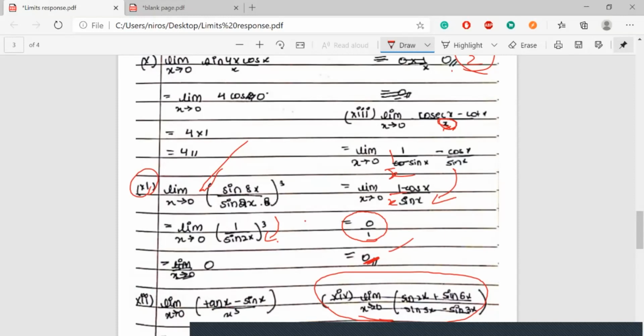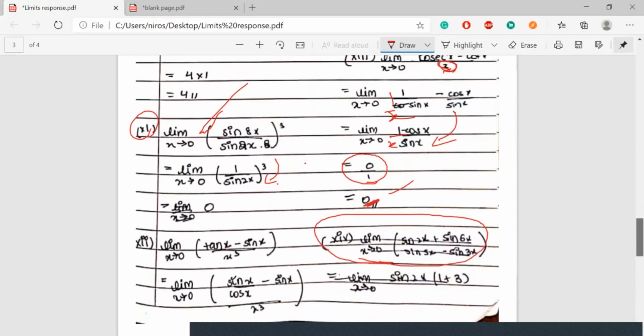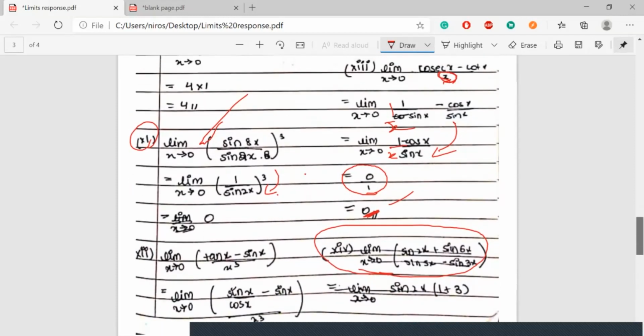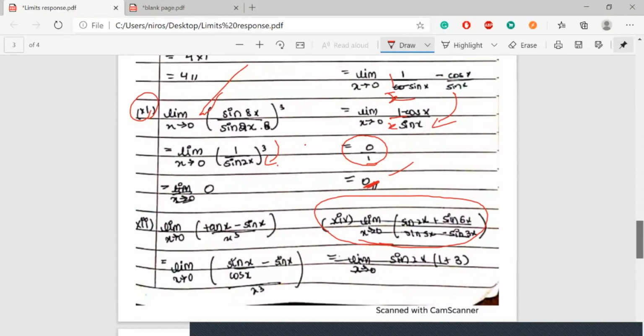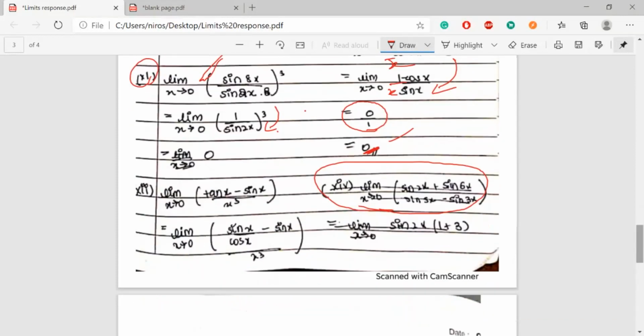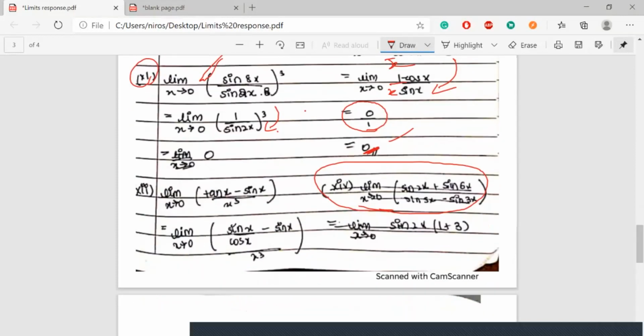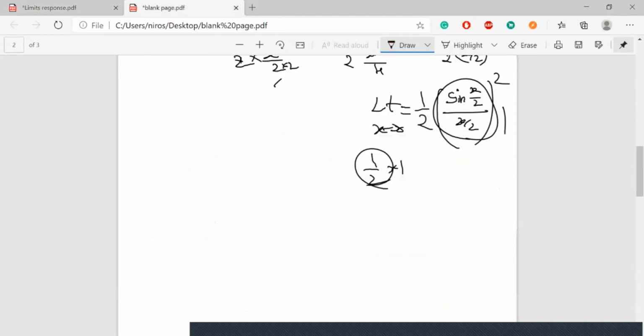That calculation should be there. This one you left out, this 14th question. No, by just seeing you can tell. Without calculating, you can tell the answer.